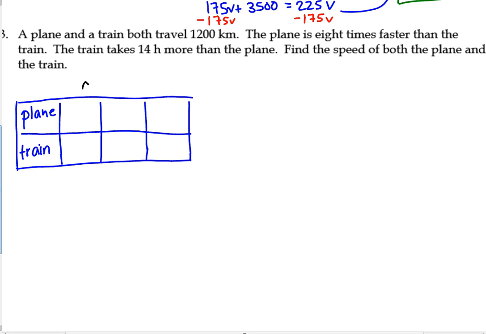Okay, and distance, velocity, time. So what are we going to fill in first?